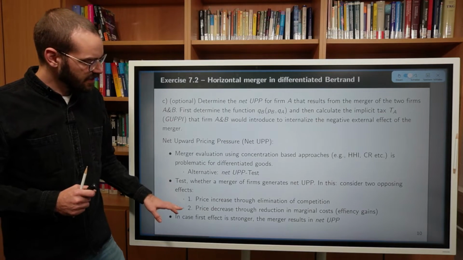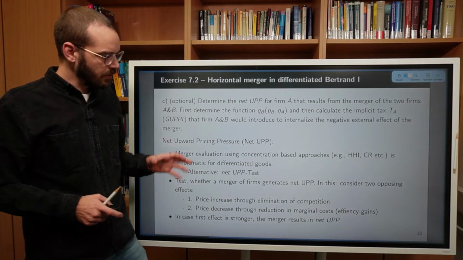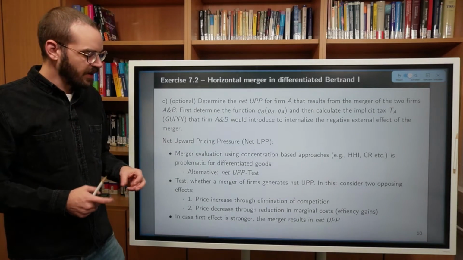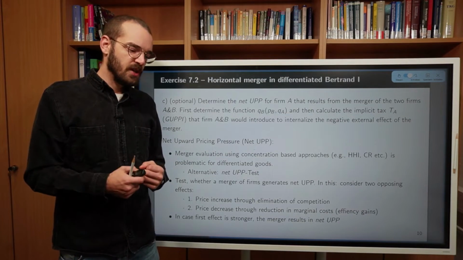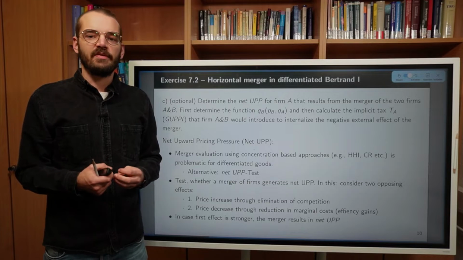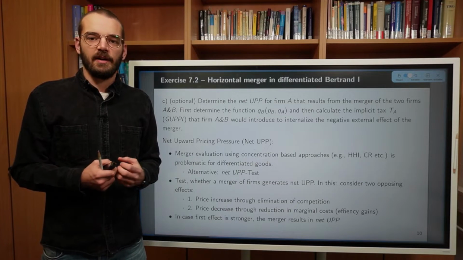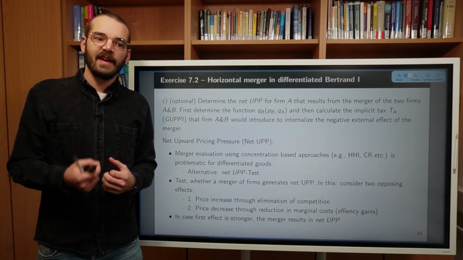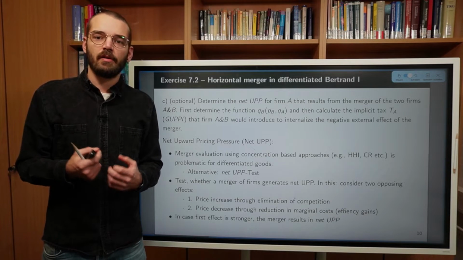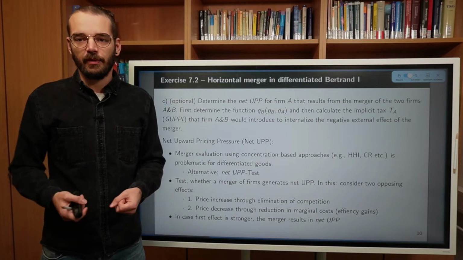And under second, we now in addition want to consider that through a merger, there might be efficiency effects. The merger might affect the costs of the then resulting firm.